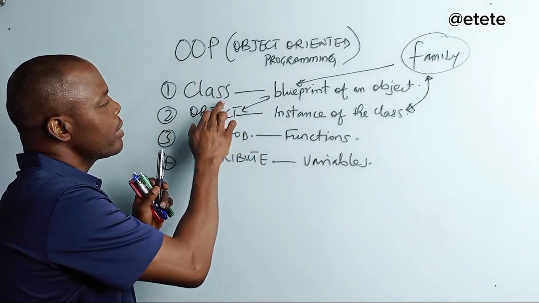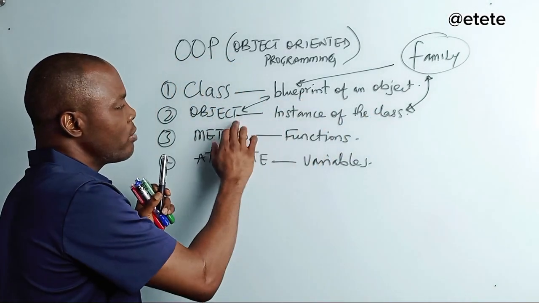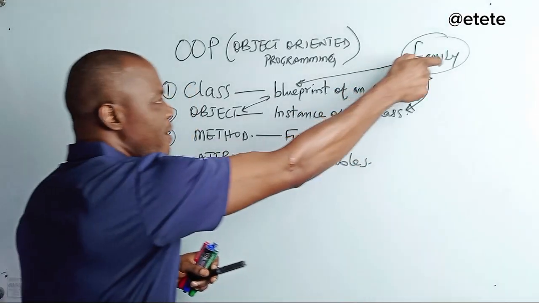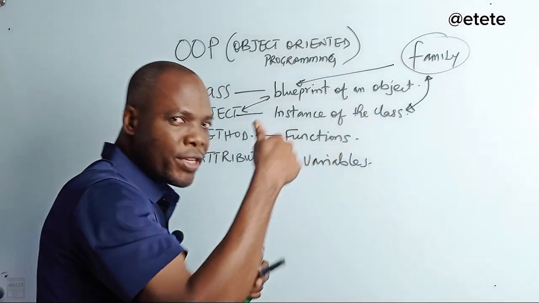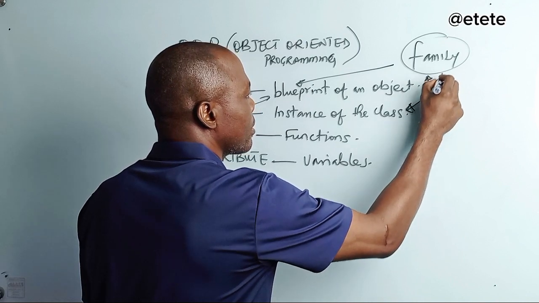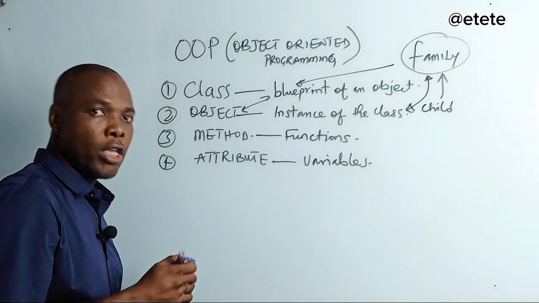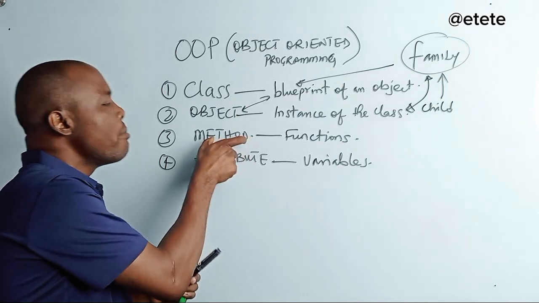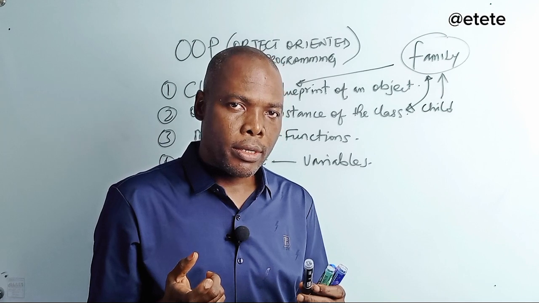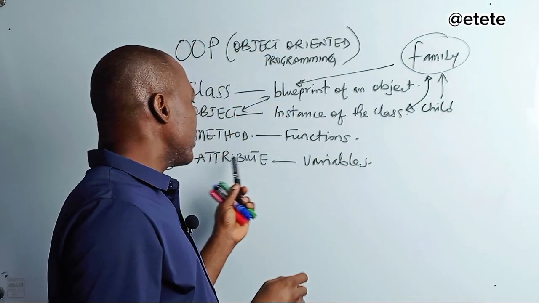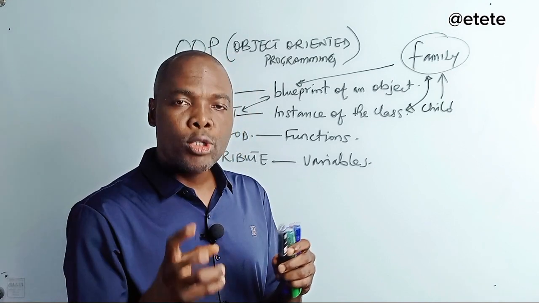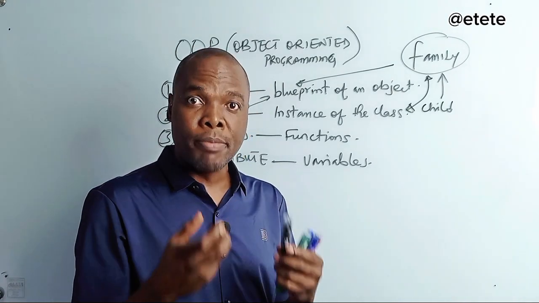Now, in this case, the class is the blueprint of an object. An object is the instance of the class. And I've told you that a family represents a class. Every child from the family represents the object of the class. Now, methods are like thought, and these attributes are like the data, what you are going to mix with the thought in order to create a behavior.